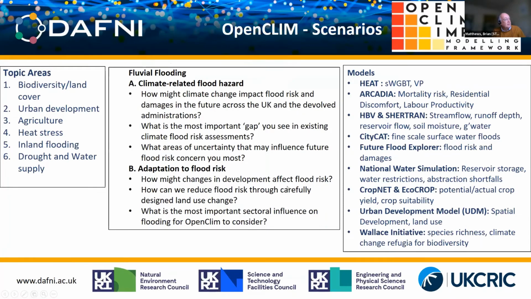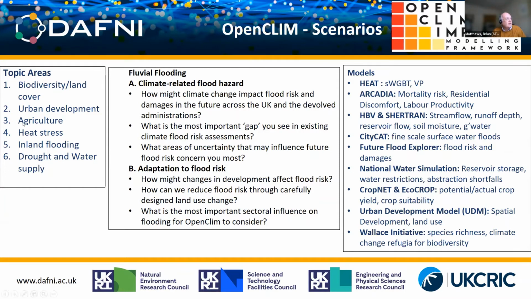The project is concentrating on a number of different topic areas. Here on the left: biodiversity and land cover, urban development, agriculture, heat stress, inland flooding, not sea flooding, that's deliberately missed out, and drought and water supply.